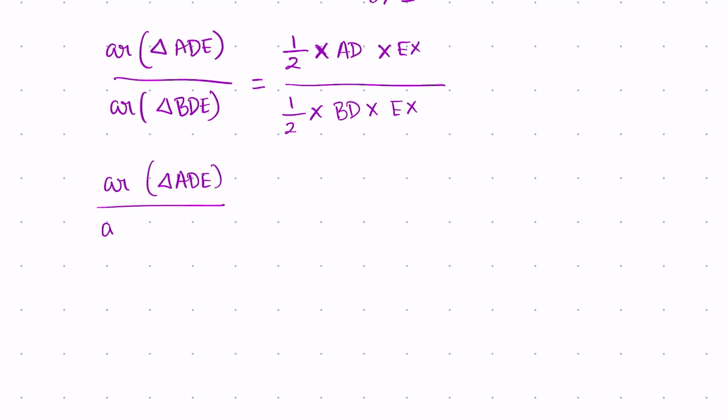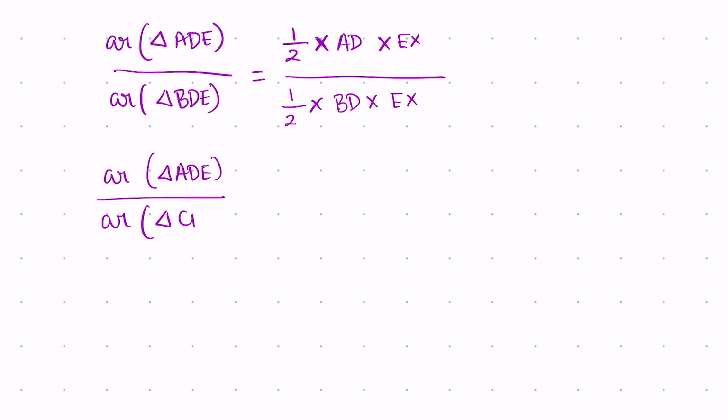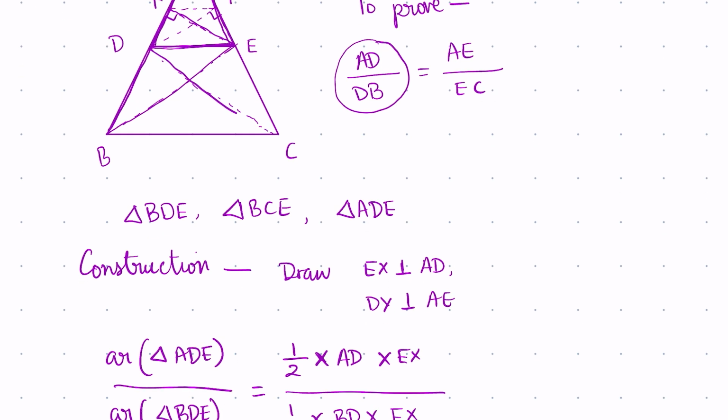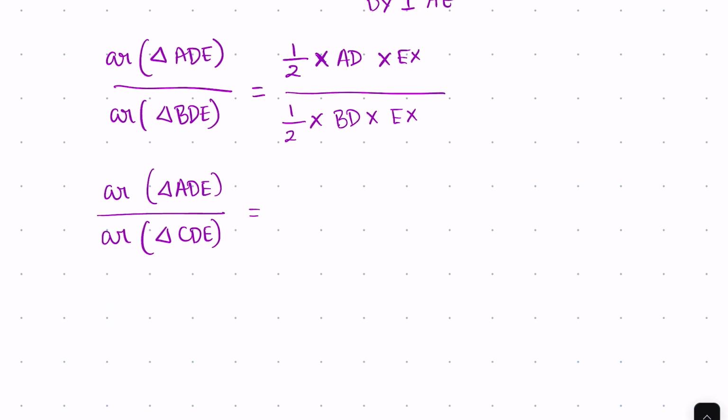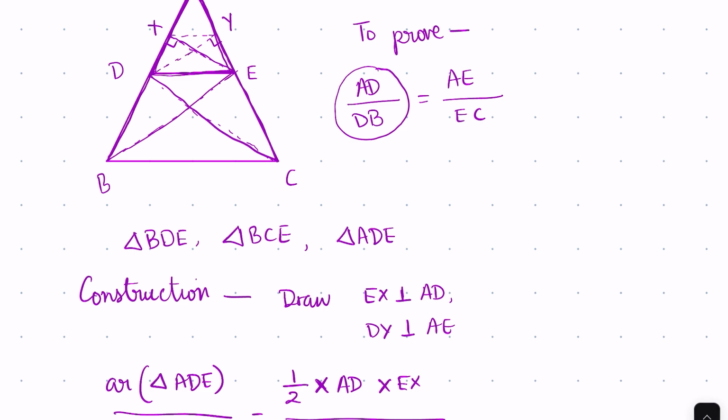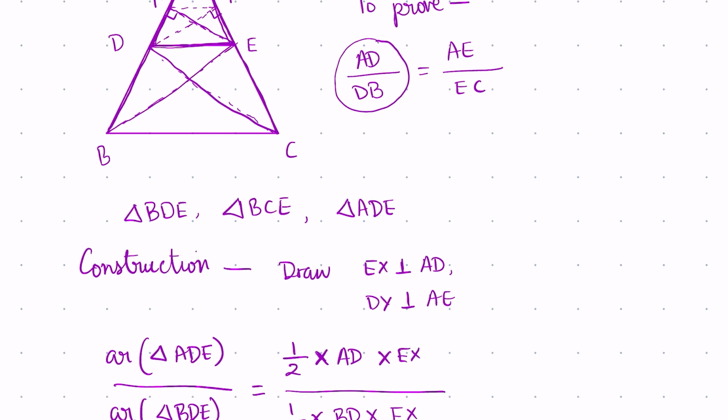Okay, similarly we could also write area of triangle ADE divided by area of triangle CDE. Okay, so again this triangle divided by this triangle. So area of triangle ADE is half times AD, base into height. We have constructed another height also, so that's the AE. Sorry, it's not AD.